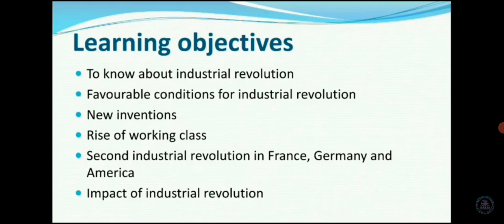Inventions that facilitated revolution in textile production, the steel industry quickening the process of industrialization in England, rise of working class movement and its consequences in England, second Industrial Revolution in France, Germany and America, the Great Railroad Strike and Haymarket massacre in the US, that is USA, and the impact of the Industrial Revolution in India.